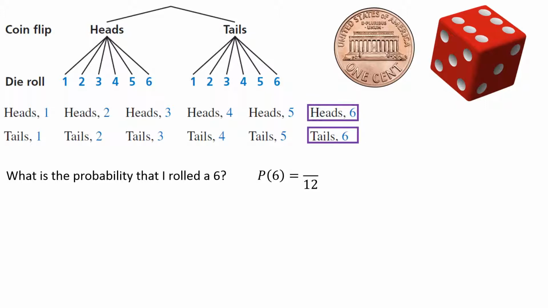It looks like 2 of the 12 outcomes had a 6. So the probability that I rolled a 6, 2 out of 12. And of course, we're going to reduce the fraction. So the probability is 1 out of 6.